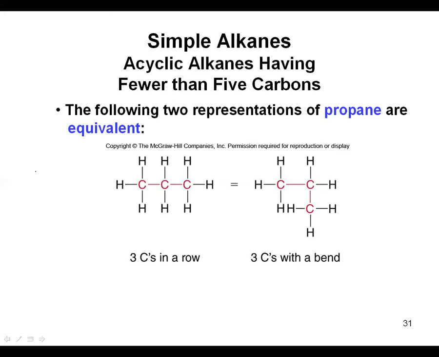An isomer, for example, is basically the same molecular formula, but a different arrangement of those atoms. So for example, these are 3 carbons in a row.